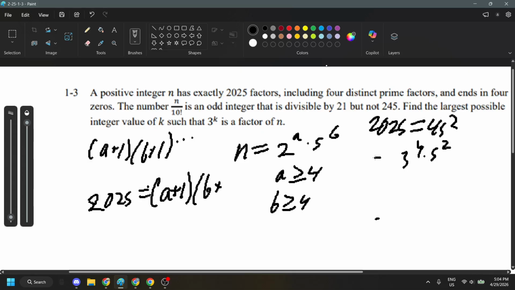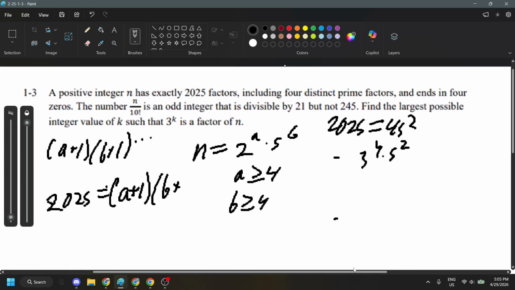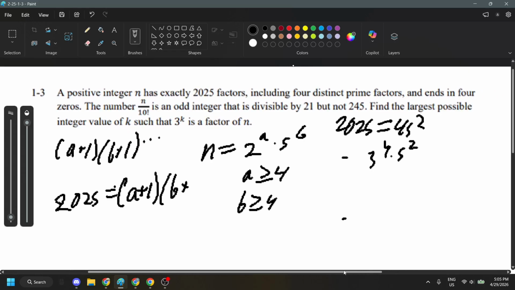But the thing is, that can't be possible. One is greater than 4, the other has to be greater than. I mean, it could end in more than 4 zeros, I guess. It doesn't say exactly 4. You know it ends in 4 zeros. Okay, I'm looking too much into that.